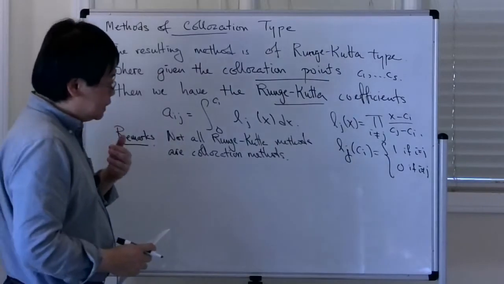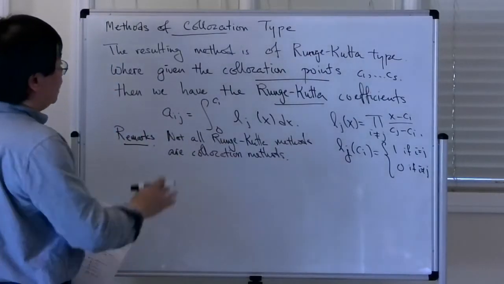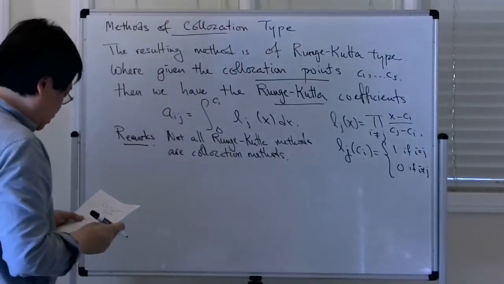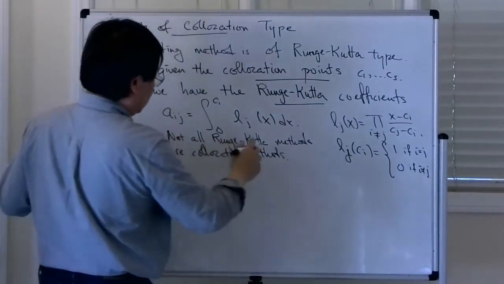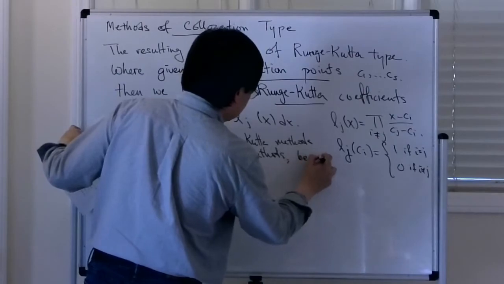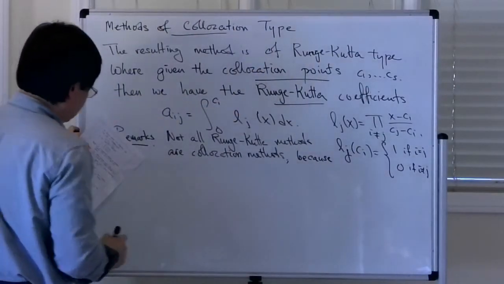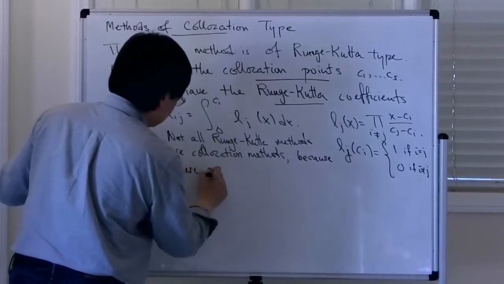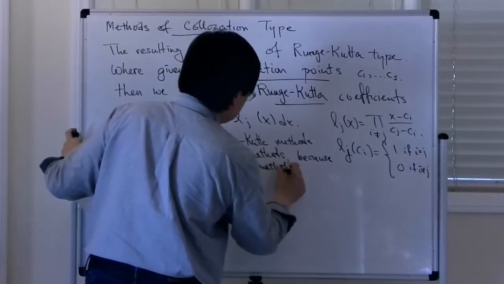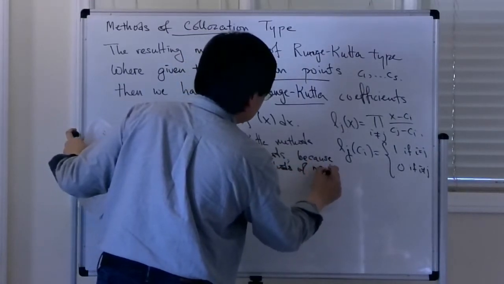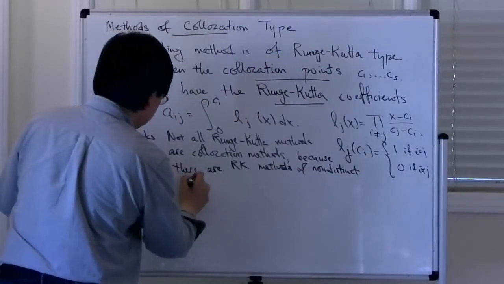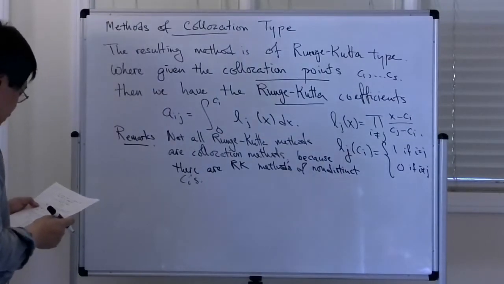So the ci's were repeated, if you will, and that's not possible when you're looking at these standard collocation methods. So not all Runge-Kutta methods are collocation methods because there are RK methods with non-distinct ci's. So that's the first thing.